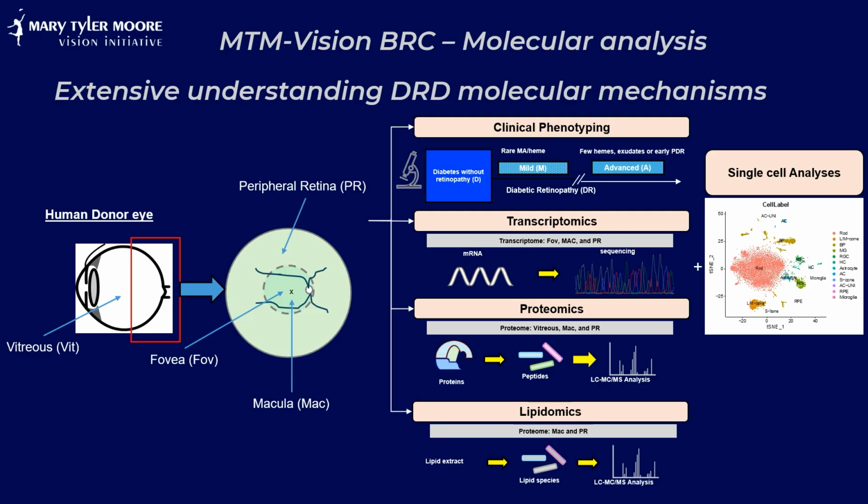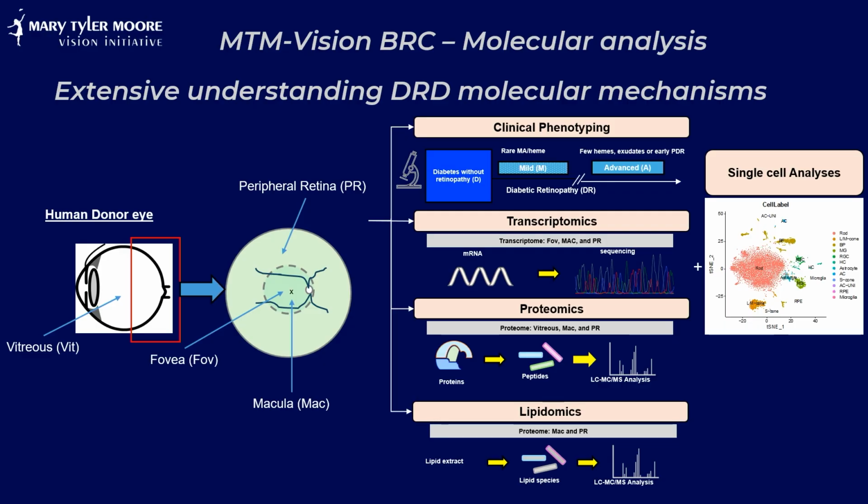On the first level, relative to the general molecular analysis of DRD molecular mechanisms, we have been using human donor tissues and dissecting the different retinal regions, isolating the fovea from the macula, the mid-periphery and the far periphery, in conjunction with the aqueous humor and the vitreous humor, as well as blood samples.